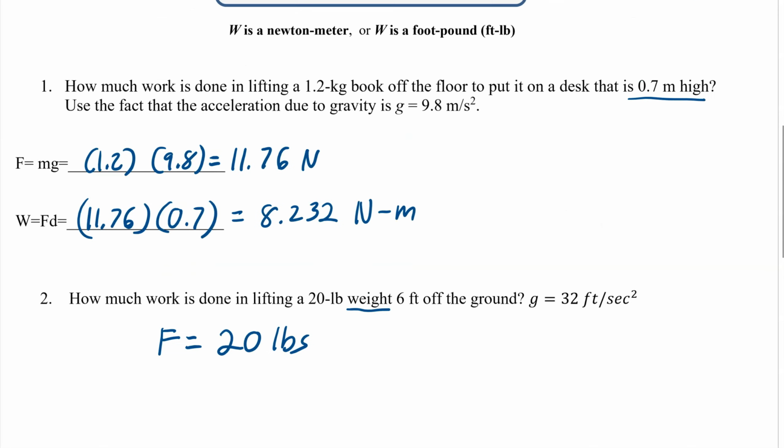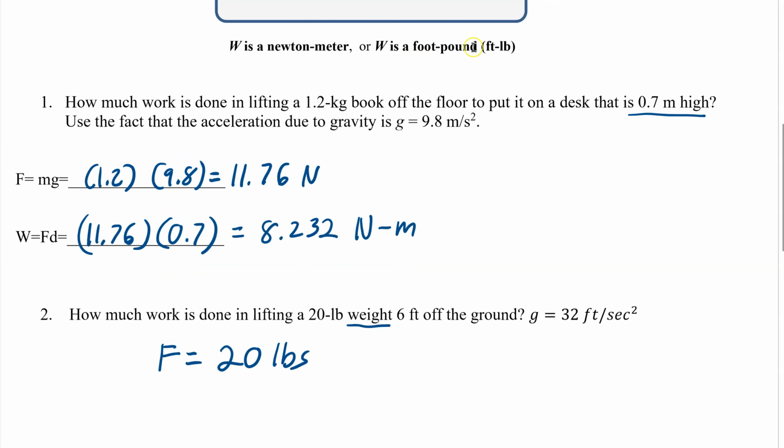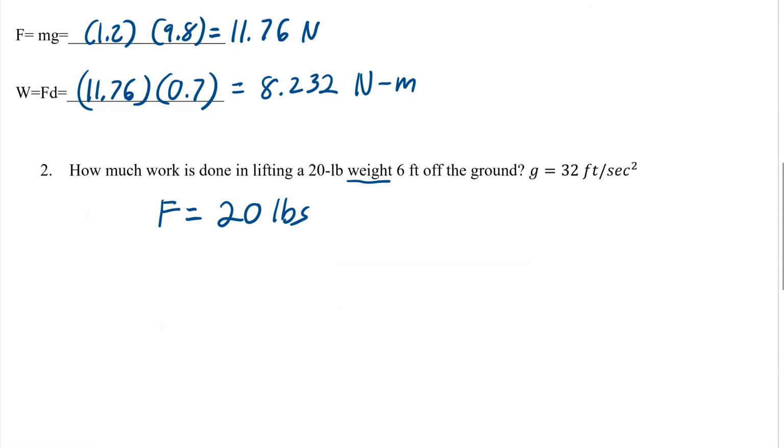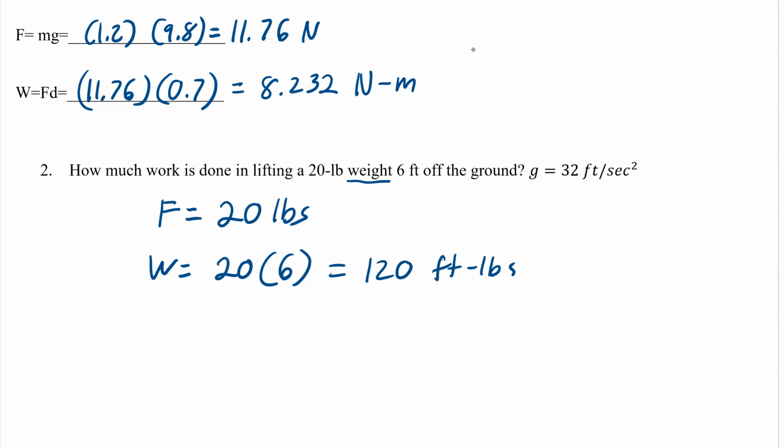With American units, we use foot-pounds. So our work here would just be 20 times 6, which is 120 foot-pounds. The same thing needs to be applied: we have feet, we need feet.